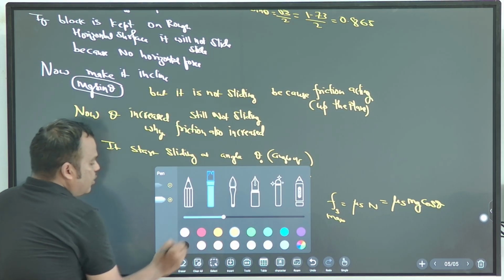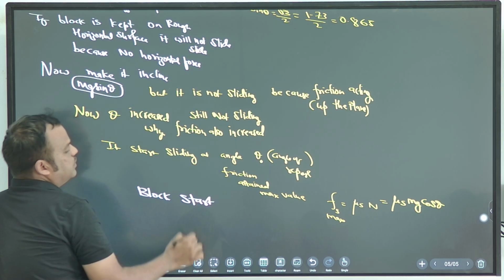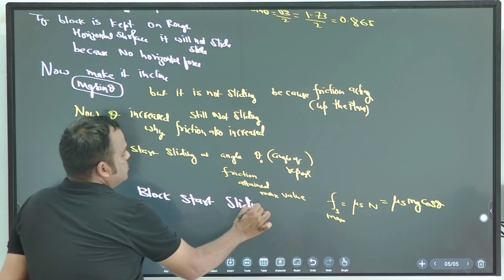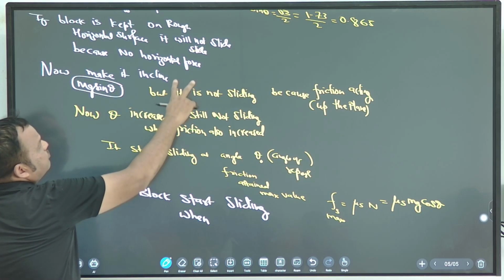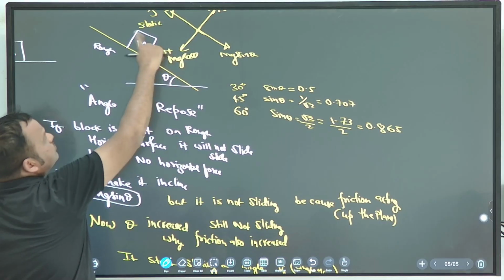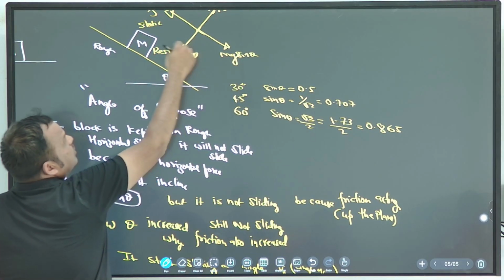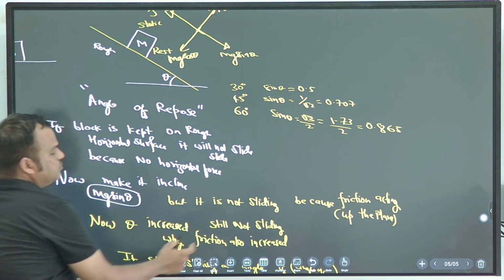So note down. Block starts sliding when? What force is pulling it down? Mg sin theta. What force is stopping it? Static friction.